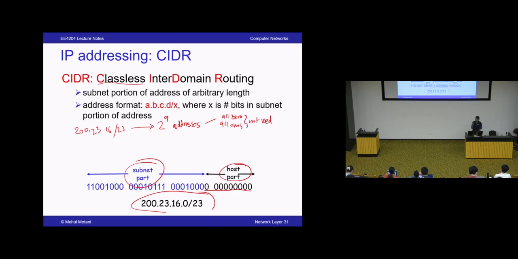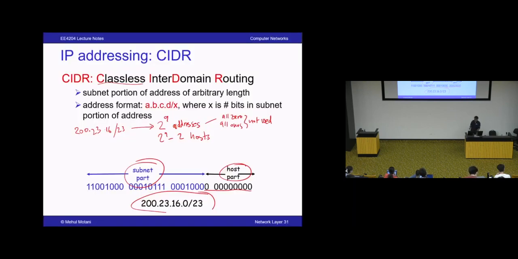They're not assigned to any host. So if you want to be technical, say how many hosts can this network provide? It would be 2 to the 9 minus 2 hosts. Okay? The all 0s is not assigned to any device because it's the network ID.